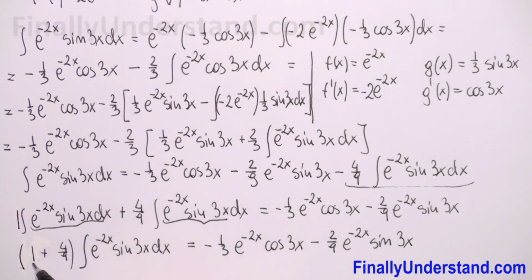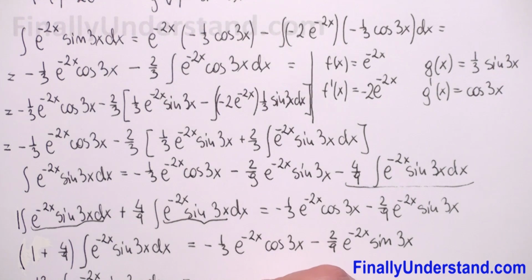Next, we can add these two numbers, so we need the same denominator. 9/9, so 9 plus 4 is 13/9 times the integral of e to the power negative 2x sine of 3x dx.